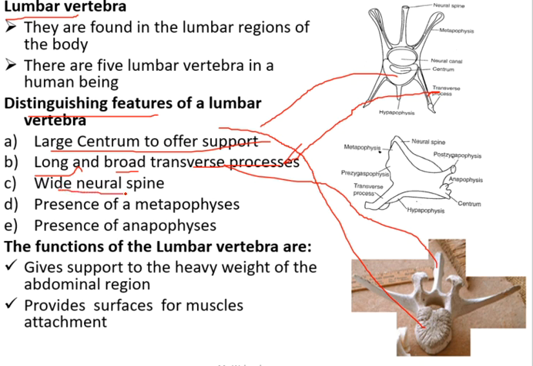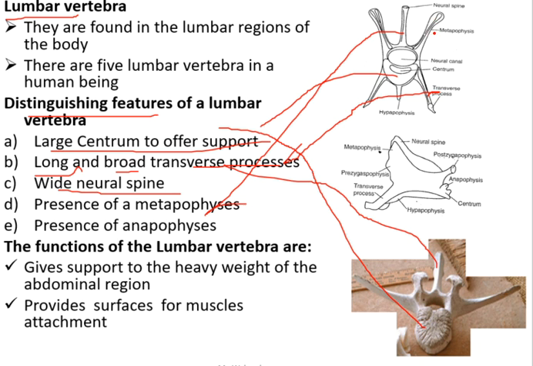Then a wide neural spine. We have a neural spine here. Wide neural spine for provision of attachment of muscles. Then presence of metapophysis and anapophysis, they are just extra projections found in the lumbar vertebrae in some animals to increase surface area for attachment of muscles.